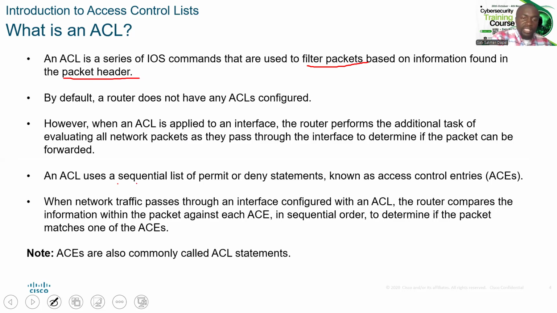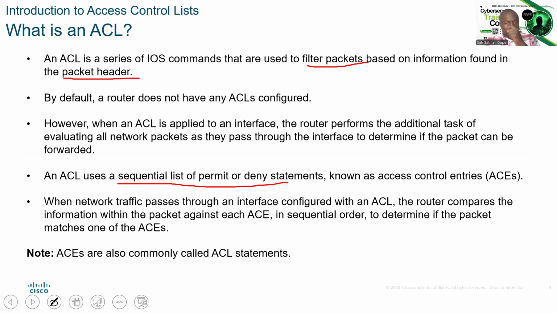So an access list uses a sequential list of permit or deny statements. Very key, sequential lists of permit or deny. When we say something is sequential, it means that it takes one, then after the other, and then after the other. That is the concept when we say sequential. It has to do A before it goes to B, before it goes to C. So the order in which you write your access list statements matters a lot.